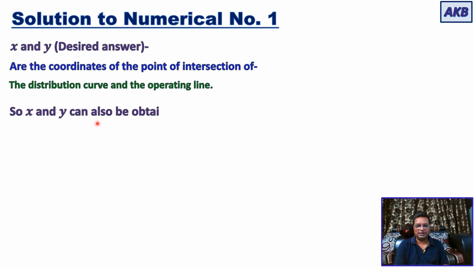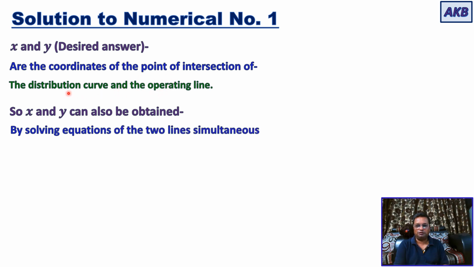So x and y can also be obtained by solving the equation of the distribution curve and the equation of the operating line simultaneously. x and y can be obtained by solving the equations of the two lines simultaneously.